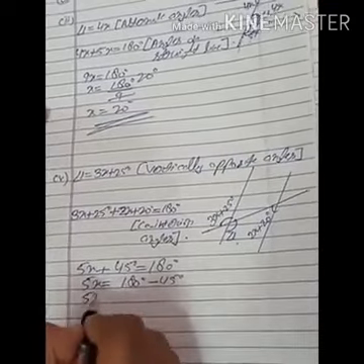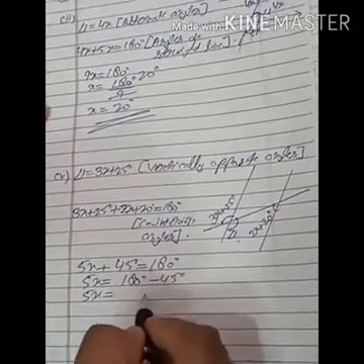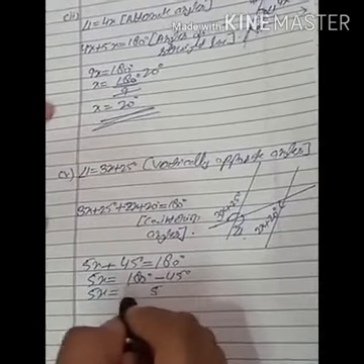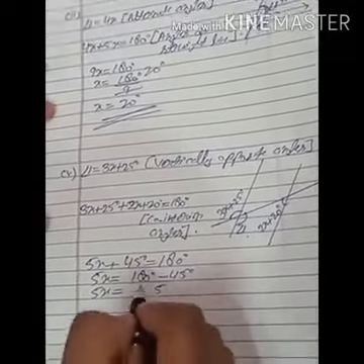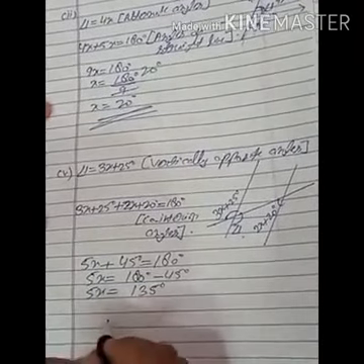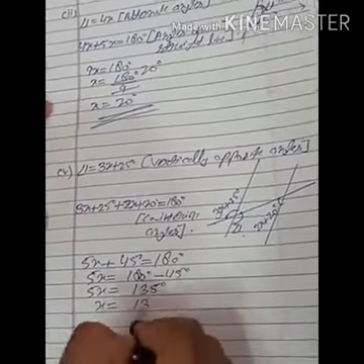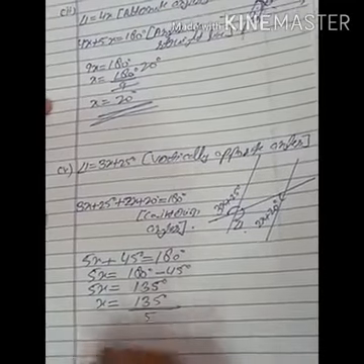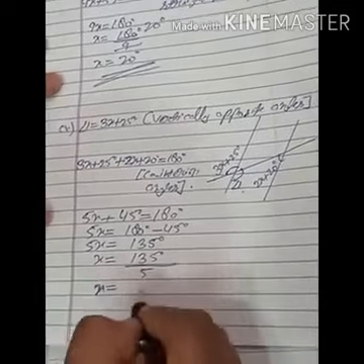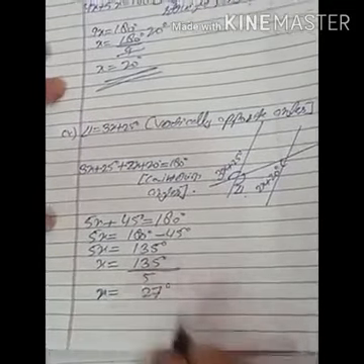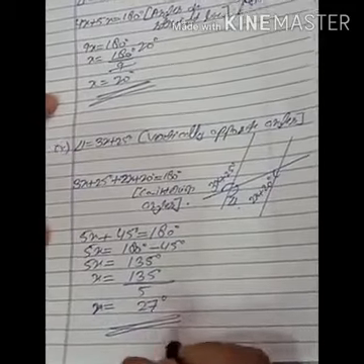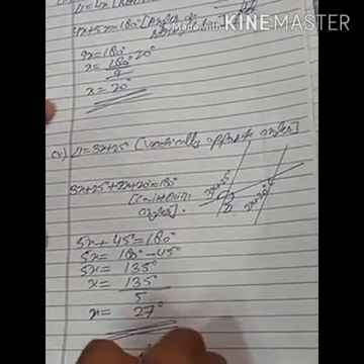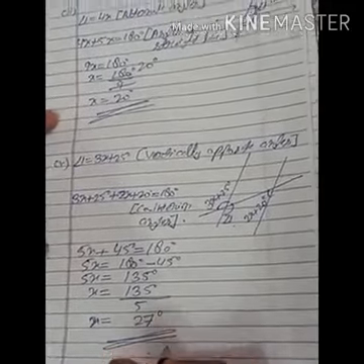So 5x is equal to 135 degrees. x is equal to 135 degrees upon 5. So the value of x is coming 27 degrees, that is the answer. So students, exercise 14b is completed.